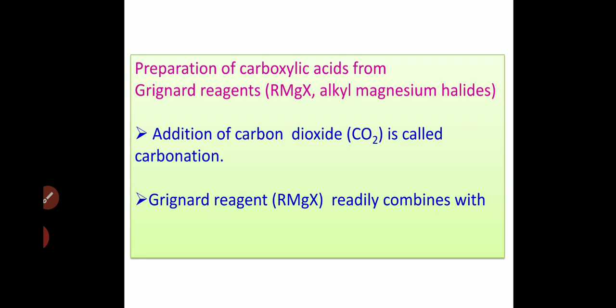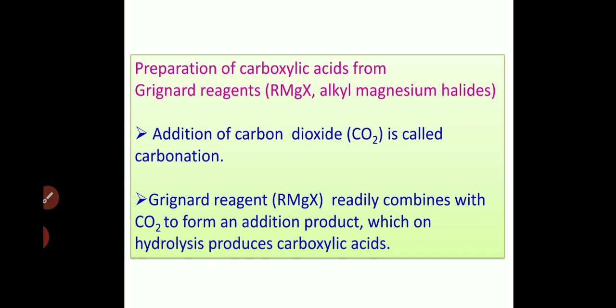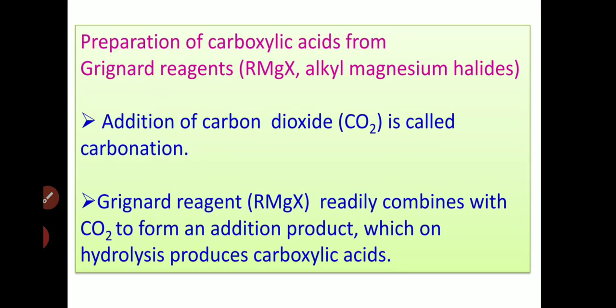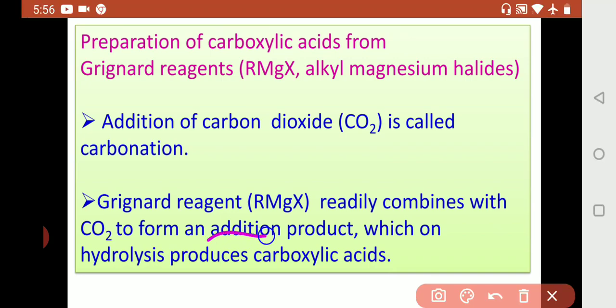Grignard reagent RMgX readily combines with CO2 to form an addition product which on hydrolysis produces carboxylic acids. That is, RMgX first combines with CO2 to form initially an addition product. That addition product on hydrolysis produces carboxylic acids.